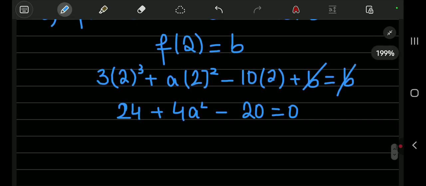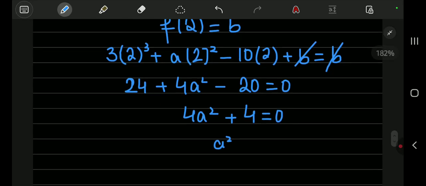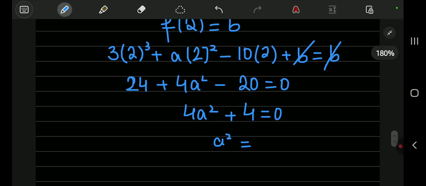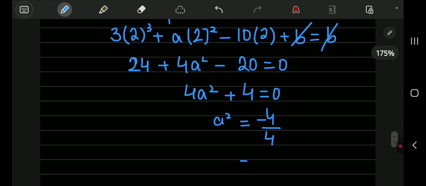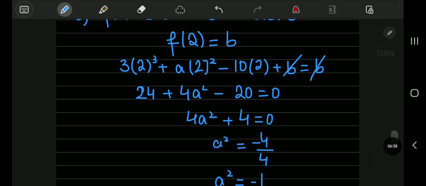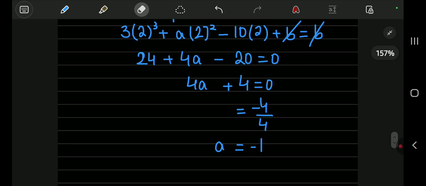So 24 minus 20 is 4, so 4a equals minus 4, that is a equals minus 1. It's 4a, not 4a square, so your a is equal to minus 1.